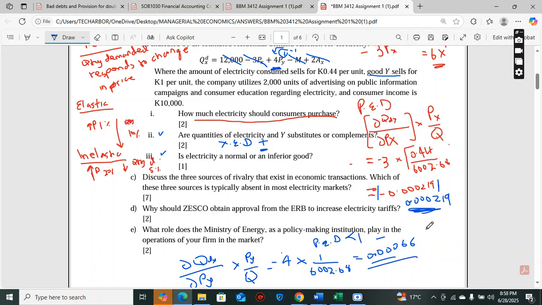Since this answer is positive, not a negative value, it tells you the goods are substitutes. In our next lesson, we're going to see how we can get the income elasticity of demand, which will determine if a good is a normal or an inferior good.